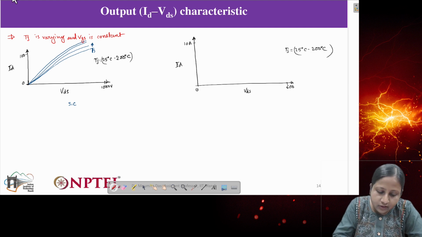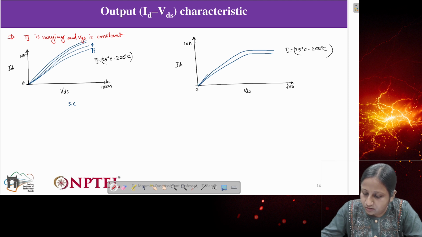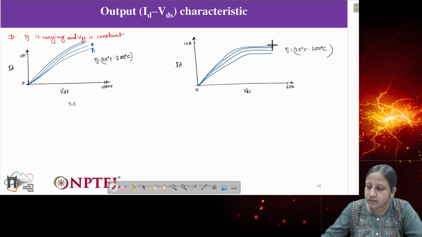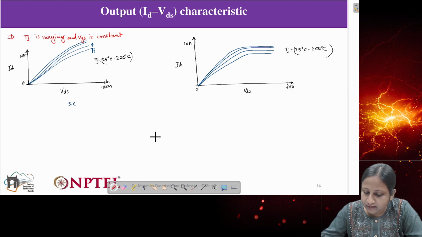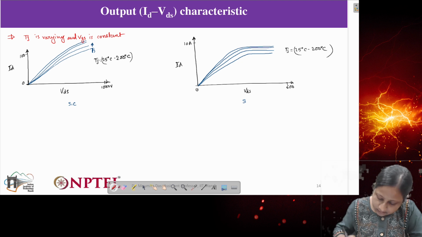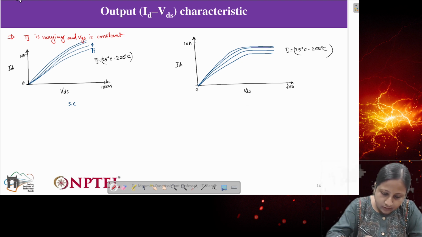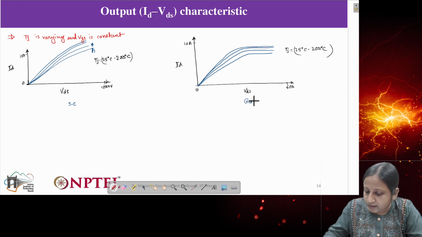It will vary similarly to the previous case, but the variation will have a slight change, not much change. So with respect to temperature, we will get different characteristics. Now Tj is varying, and you are getting different characteristics of GaN and silicon carbide. This is with respect to the GaN device.